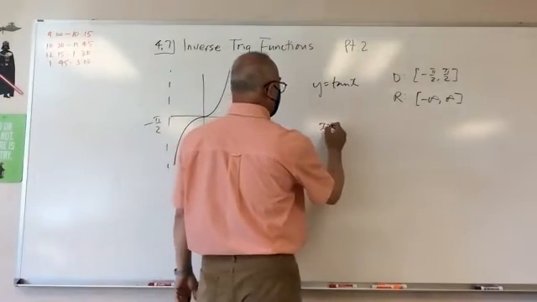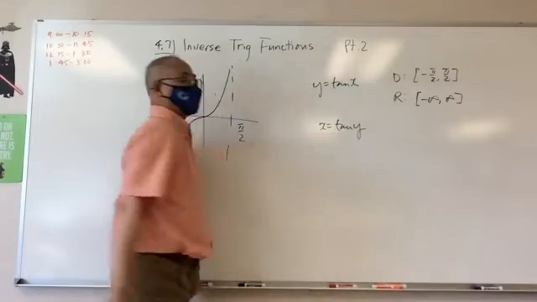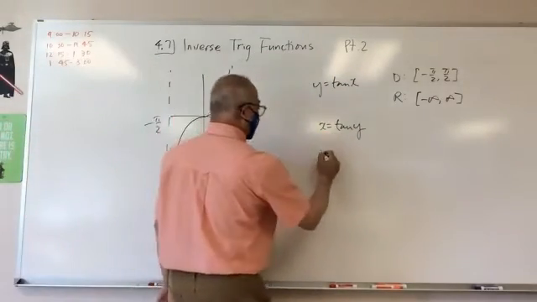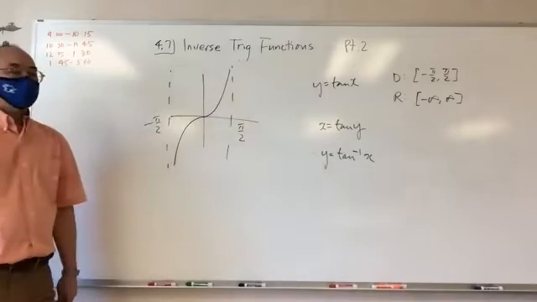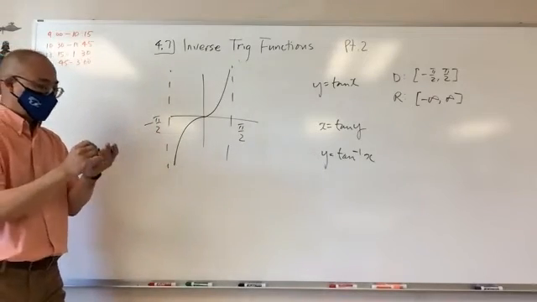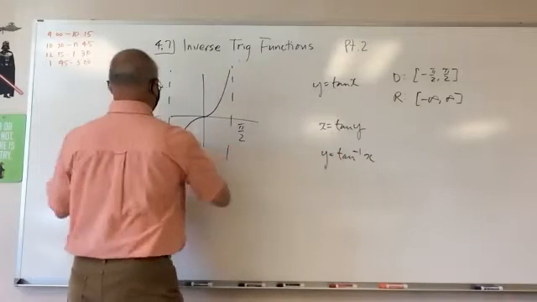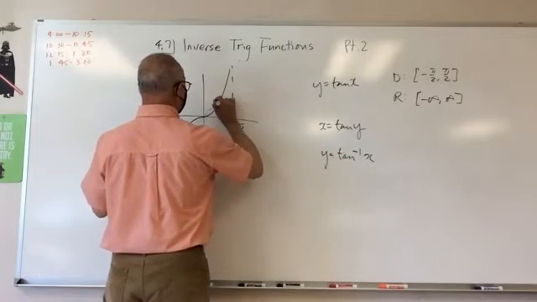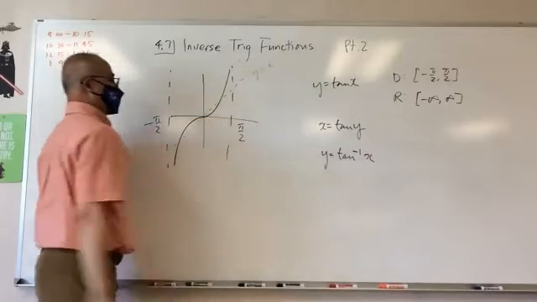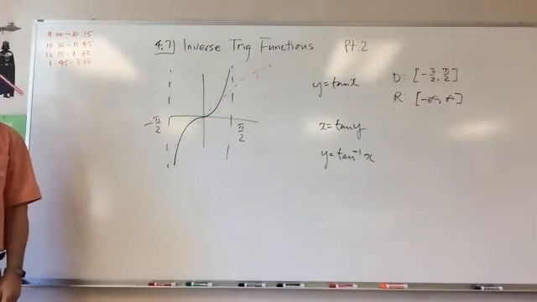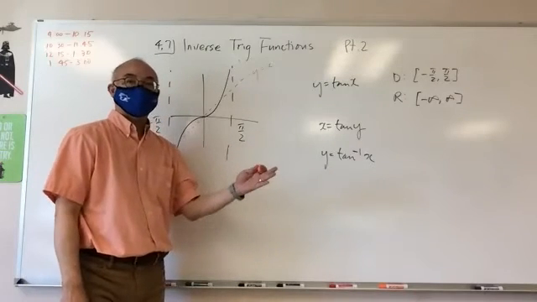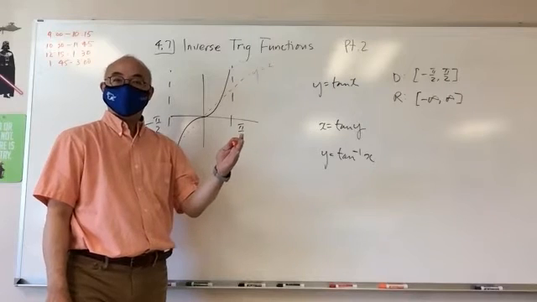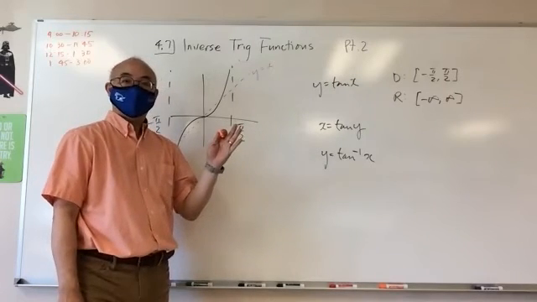For the arctangent, I'm going to switch the x and the y's. It's going to look like this: y is equal to the arctangent of x. I'm going to flip this across y equal to x. So I had vertical asymptotes, which means that now the arctangent I expect to have horizontal asymptotes instead.